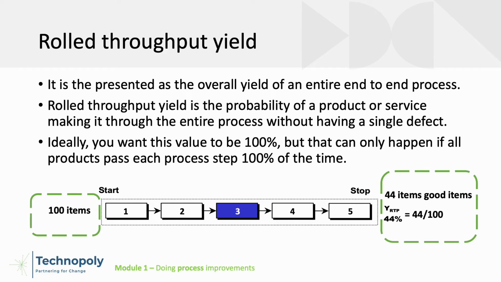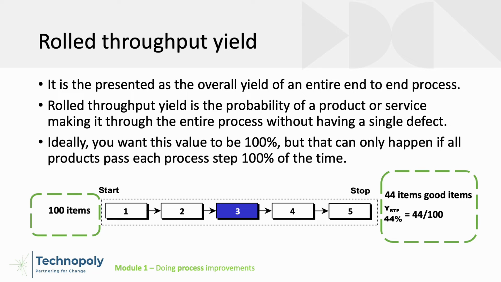Eventually, we now apply the concept of yield to our overall process. When we get the overall yield, we refer to this as rolled throughput yield. This kind of yield represents the overall yield of your end-to-end process. It is composed of yields from various processes that accumulate to the very end.